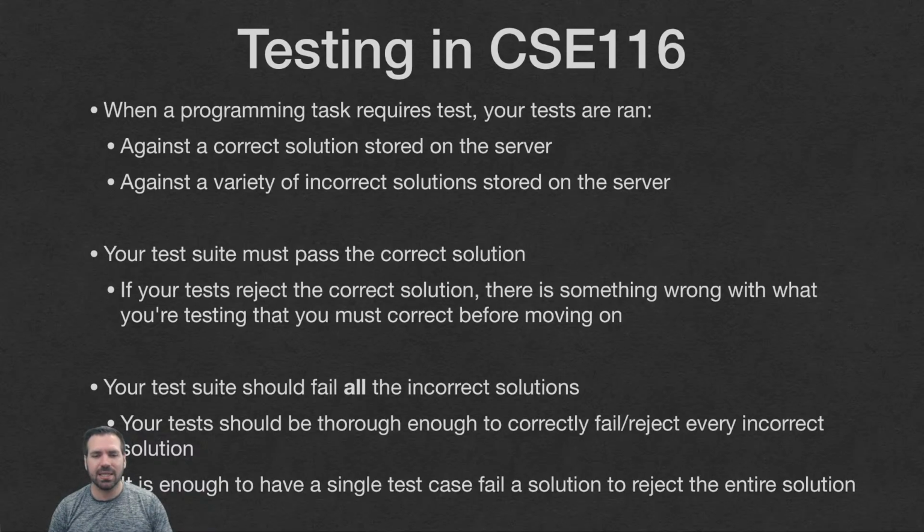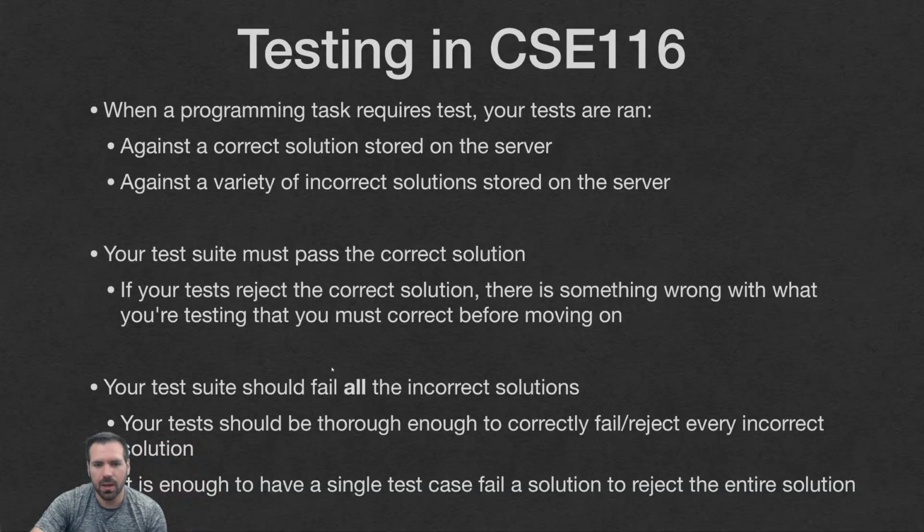If you have all of your testing in one single method and you fail a correct solution, you have no clues. You just have to go through your entire ginormous test to try to figure out what you did wrong somewhere in there. So if you have one test method and you fail a correct solution, you got a lot of searching to do, a lot of work to do.